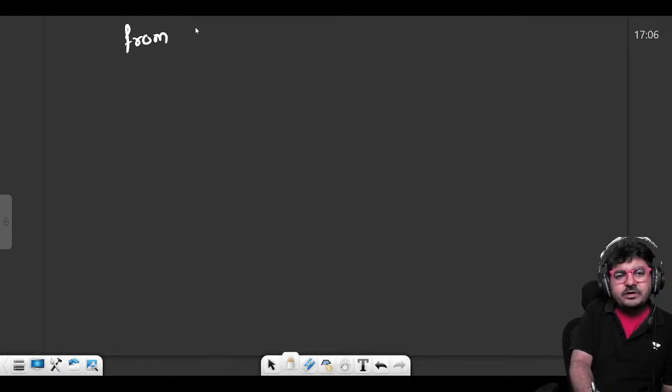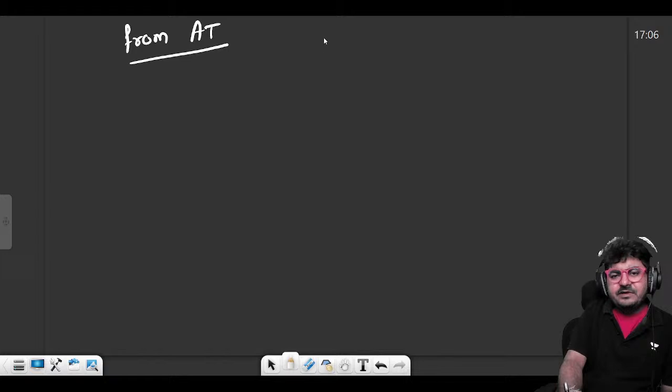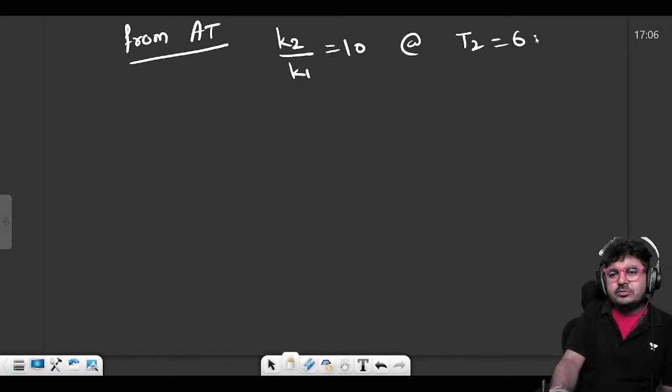From Arrhenius theory, it is given that K2 upon K1 is equal to 10 at T2 equal to 600 Kelvin and T1 equal to 400 Kelvin.